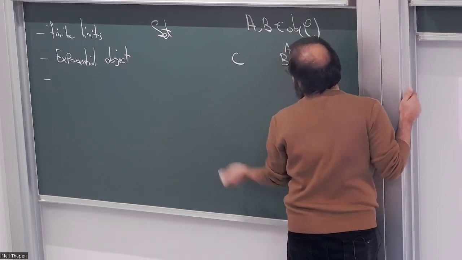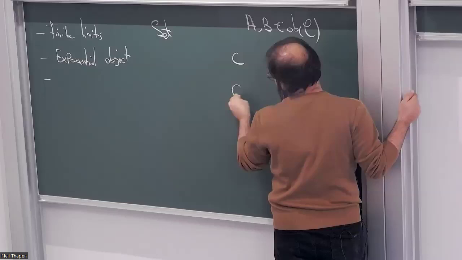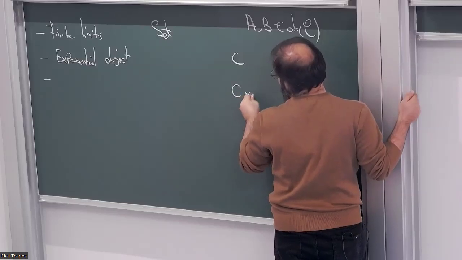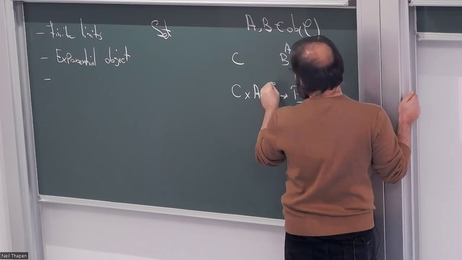By exponential, we mean the object C together with a map, this evaluation map.